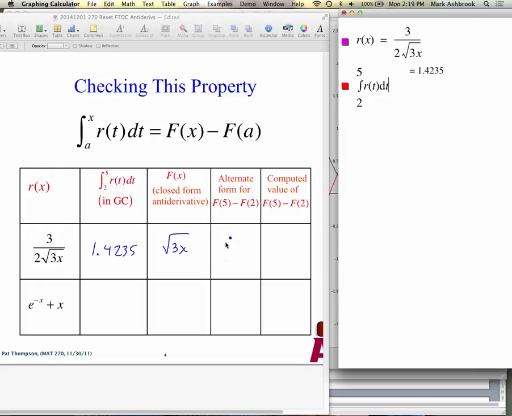Okay, so what's an alternate form for writing f5 minus f2? So it's that, and then you write the bar like this, and then you write 2, and you write 5. That is equal to this, because our capital F function is right here.